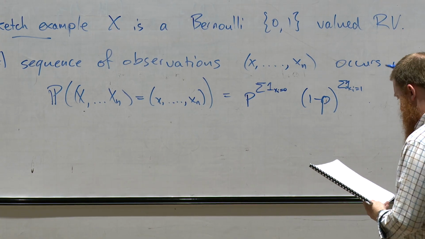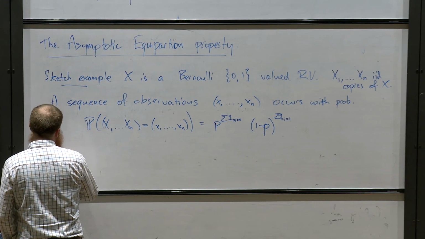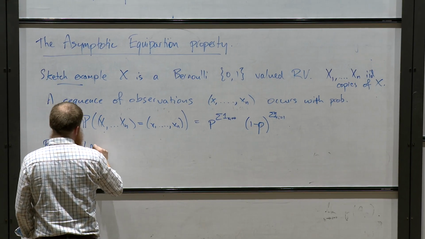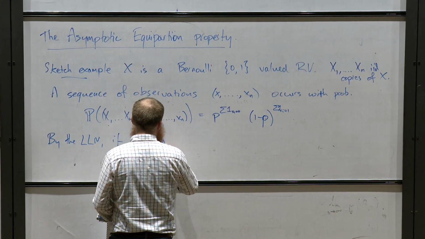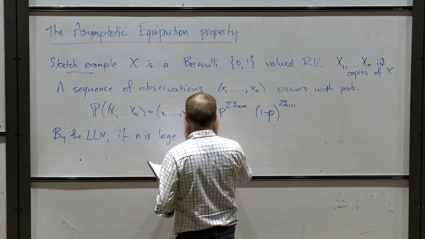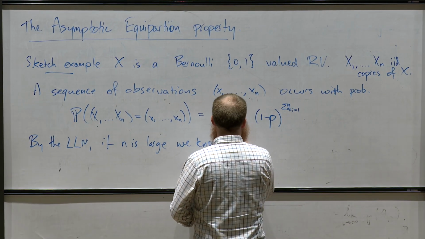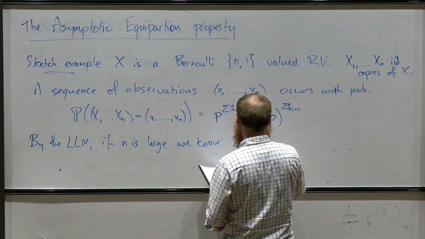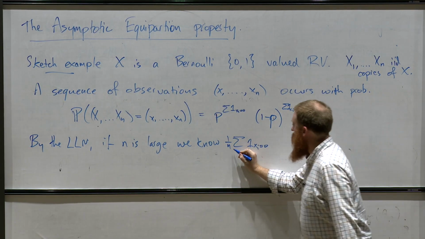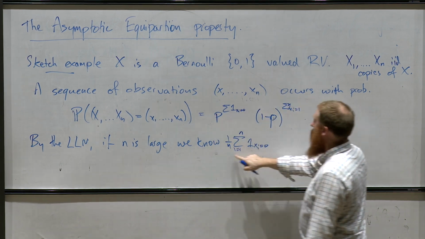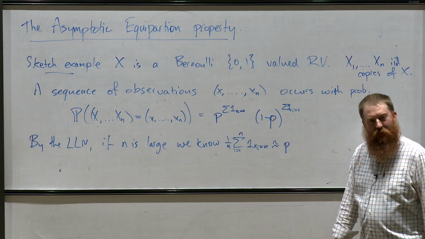Okay. But by the law of large numbers, if n is large, we know that 1 over n times the sum from i equals 1 to n of the indicator xi equals 0 is going to be approximately equal to p.